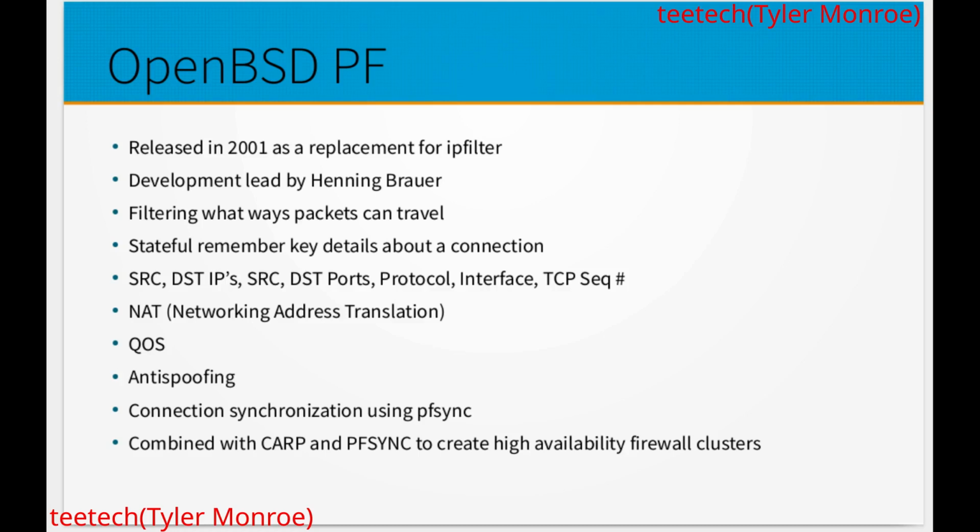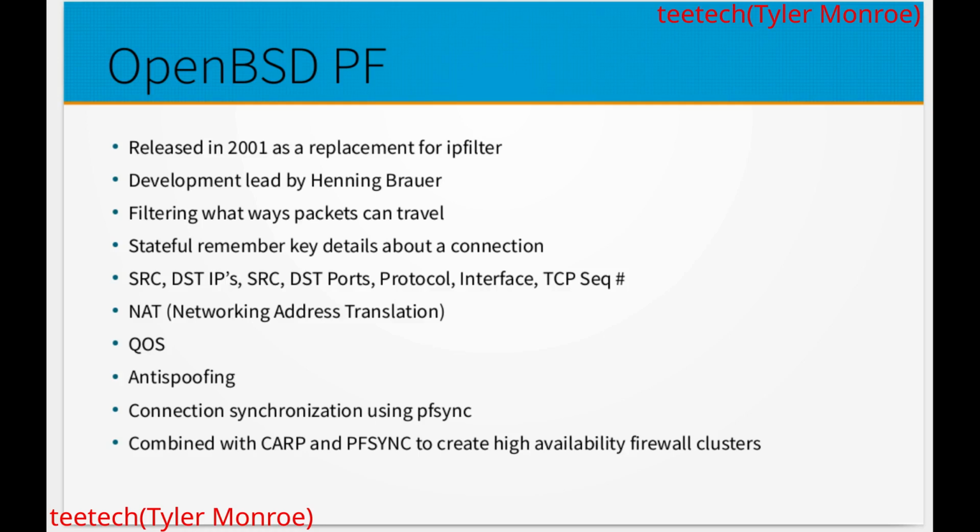So the main thing we do is we want to filter what ways packets can travel on our interfaces. So much like a traffic cop, you want to control where cars are going on streets. In this case, we want to control where packets can be routed. So it is a stateful firewall, and that means it remembers key details about connections. So it remembers criteria such as the source and destination IP addresses or layer 3 addresses.